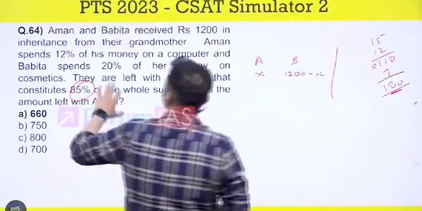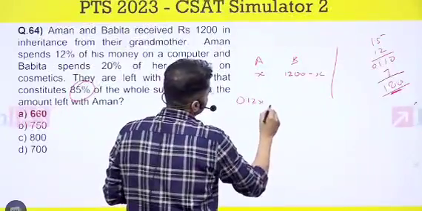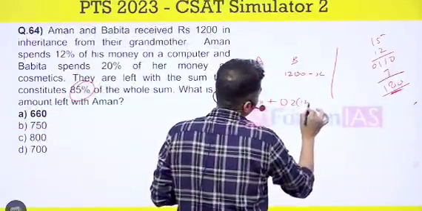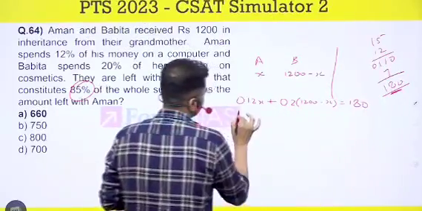Now 12% of X, that means 0.12X, plus 20%, that means 0.2 of (1200 minus X), is equal to 180. We just have to solve this equation.